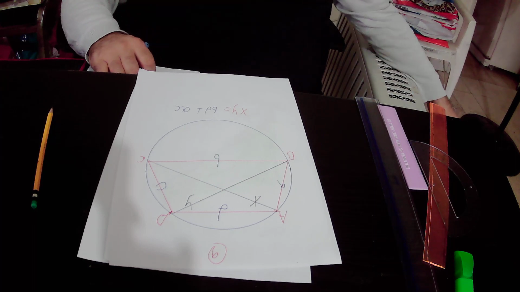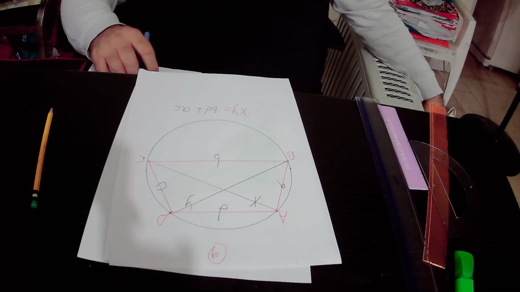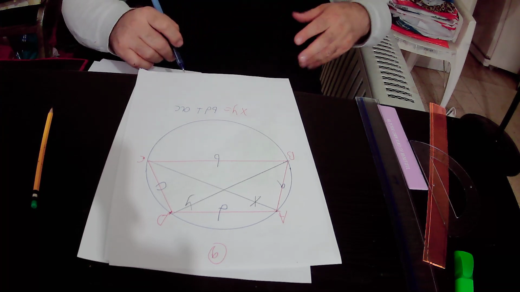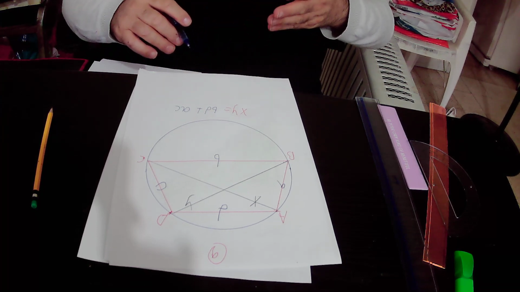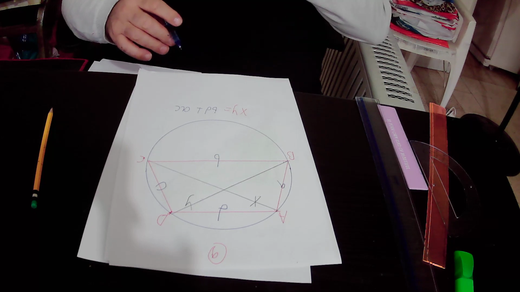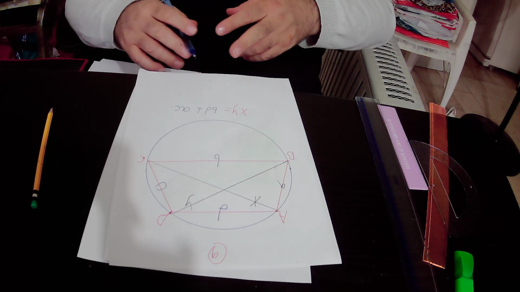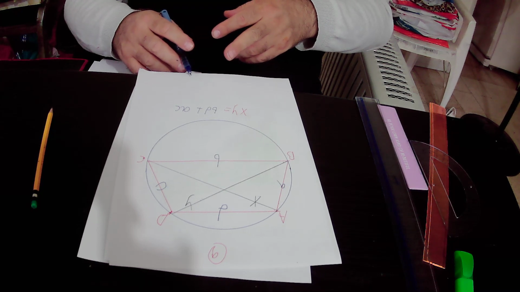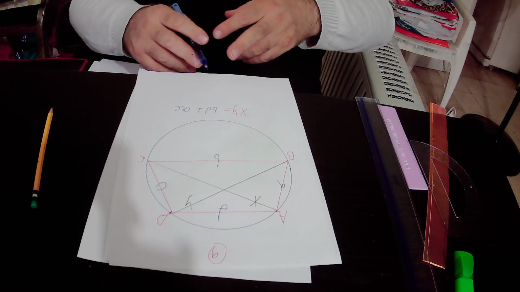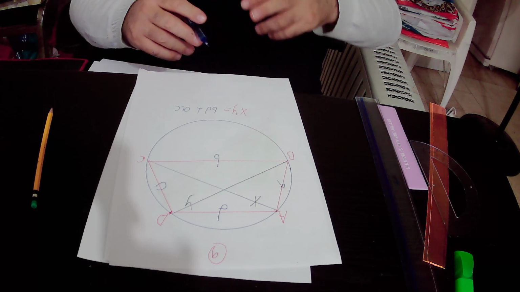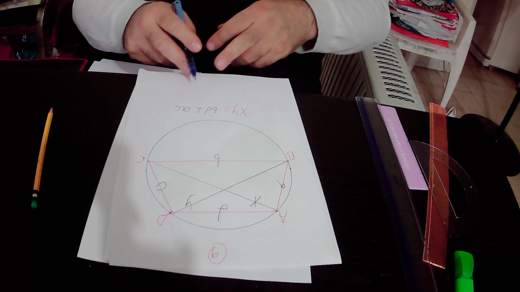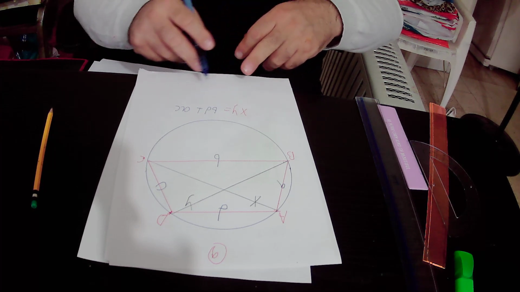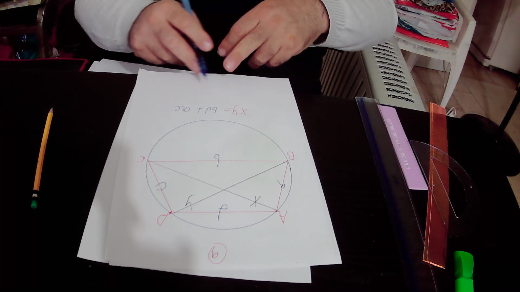And the sum of the products of the opposite sides is BD plus AC. Adding the two products together gives us the sum of the products of the opposite sides.